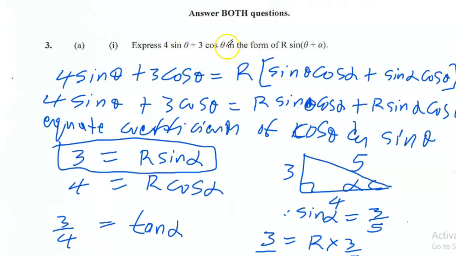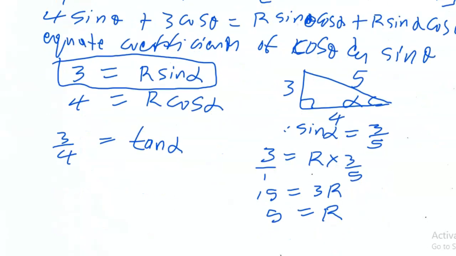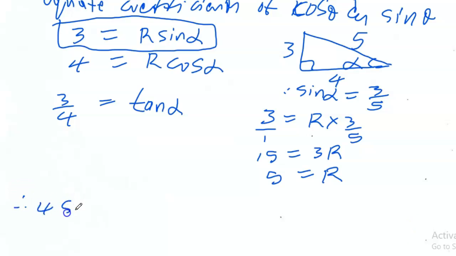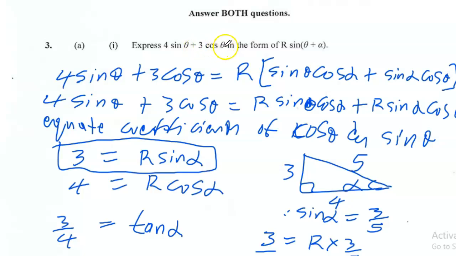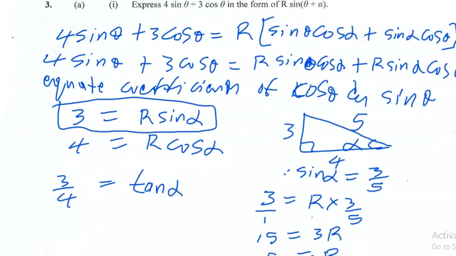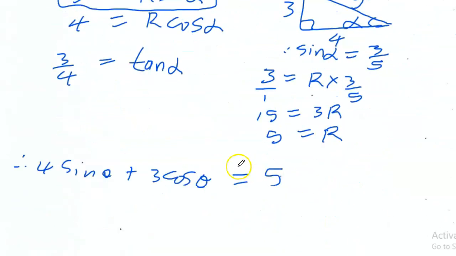We can rewrite this expression in the form r sine theta plus alpha, which means that 4 sine theta plus 3 cos theta is equal to r, which is 5, sine theta plus alpha.